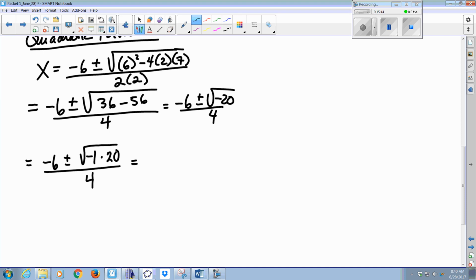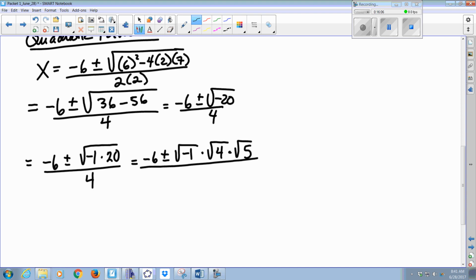So this becomes -6 plus or minus the square root of -1. And now I'm going to take 20 and I'm going to divide that into two factors where one of them is a perfect square, 4. So I get the square root of -1 times the square root of 4 times the square root of 5.